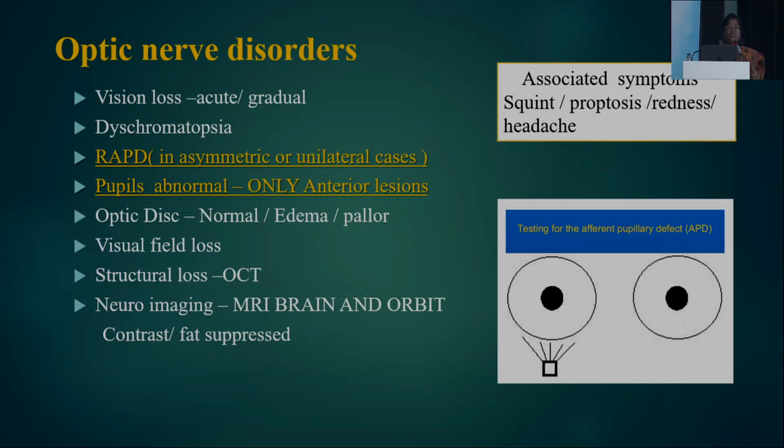Because at the end, you're going to end up seeing a pale disc and you don't know what caused that. So you have to give the prognosis based on the way you elicit the history from the patient. All optic neuropathies are going to have a dyschromatopsia. Apart from the vision loss, you also have associated features like squint, proptosis, redness, ICP signs. All those things have to be used cumulatively. So pupillary reaction is the key.